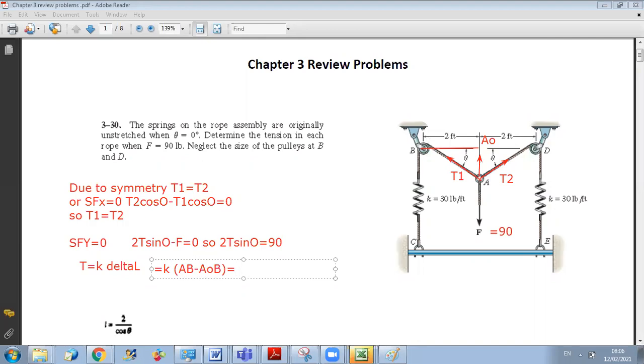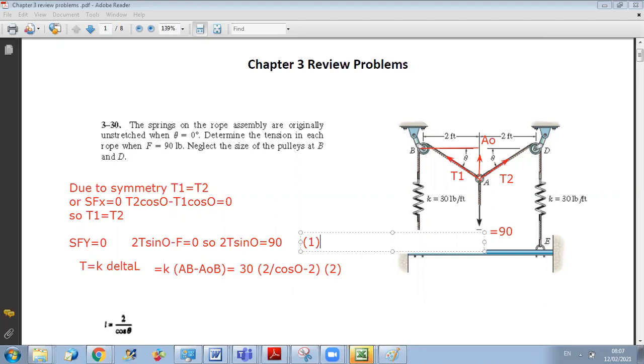So this is equal to K, which is 30, times 2 over cosine theta, minus A0B, which is 2. In this way, I got a second equation as a function of T and theta. So now I have two equations with two unknowns, and I can solve.